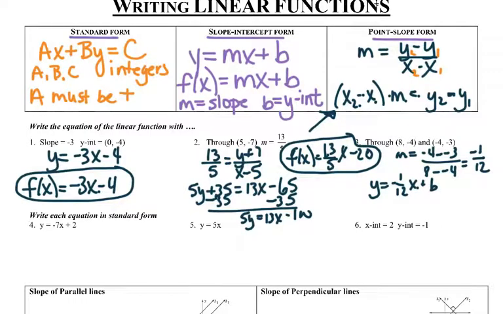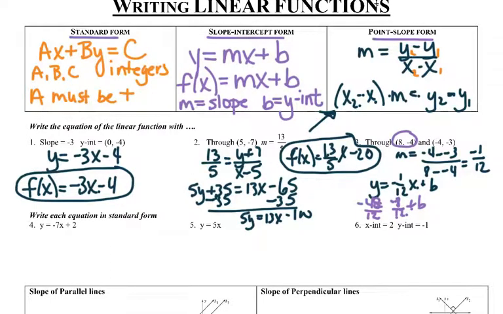And you'll remember that you don't have to have a specific point you choose. Any point solves the equation. So you can choose either point and plug it in. So -4 would equal, if I make x 8, -8/12 plus b. So I'm going to have to add 8/12 to both sides, which is easier said than done, right? -4, I'm going to make that -48/12 just to get a common denominator.